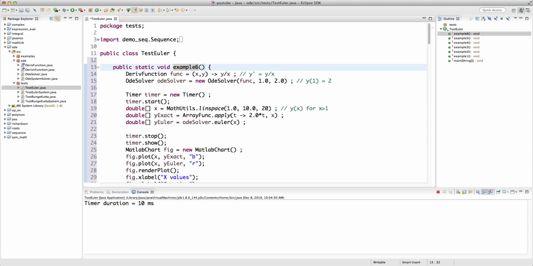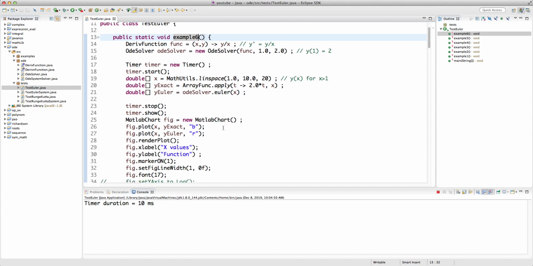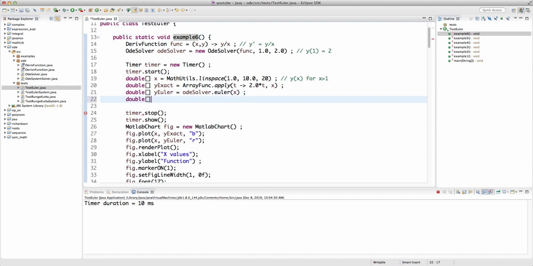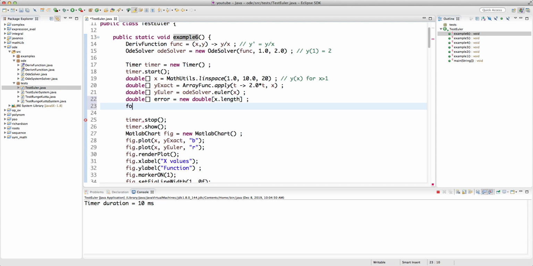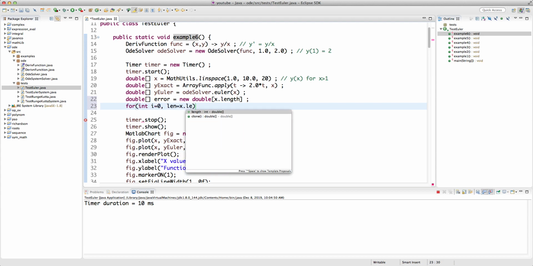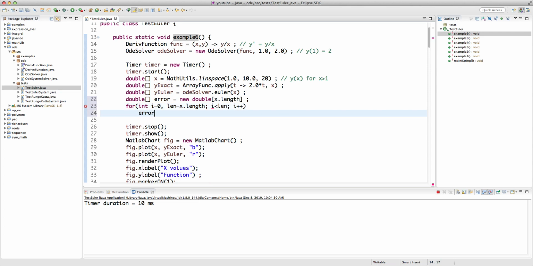In example 6, I'm going to basically do the double error, new double x dot length, and then for int i equals 0 and len equals x dot length, i less than len, i plus plus, error i is basically math dot abs of y exact at i minus y Euler at i.